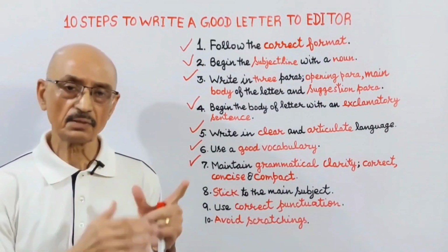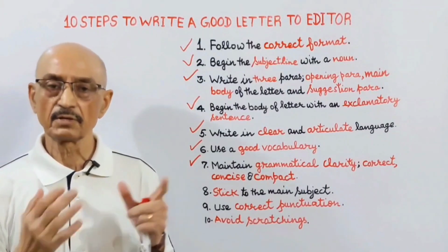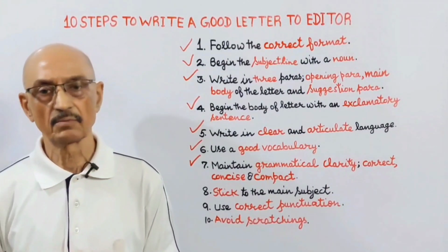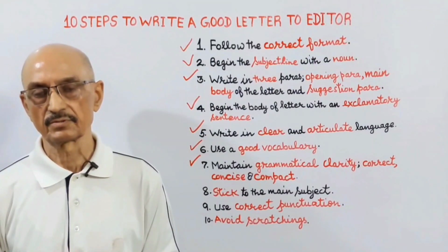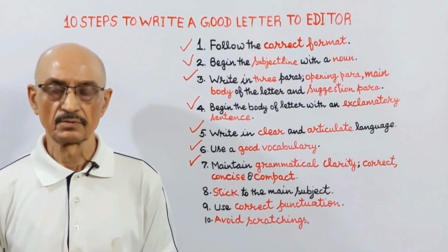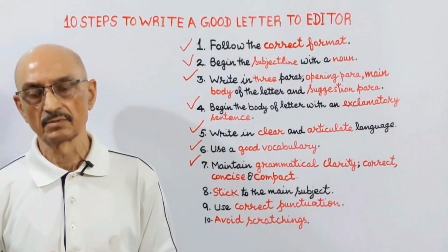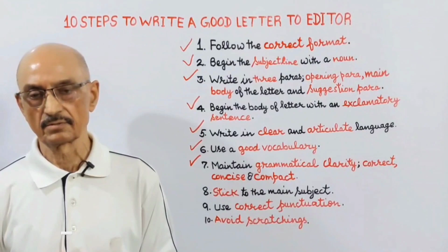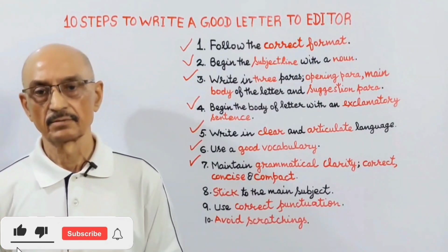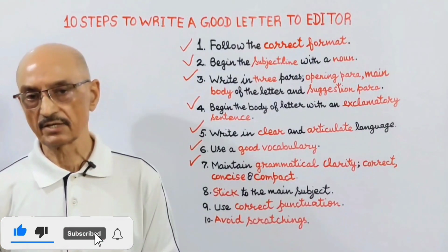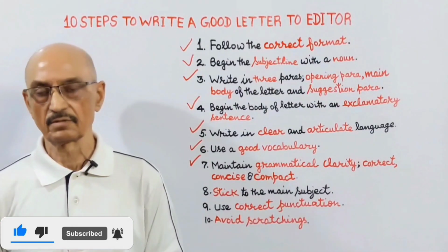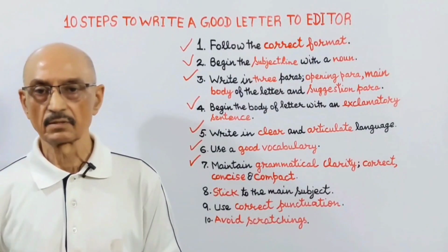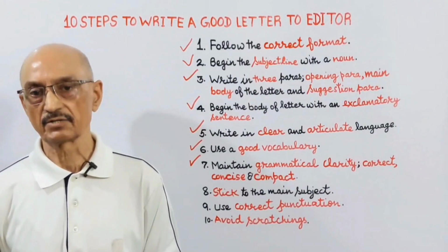If there is something to be written about the past, that will be written in past tense. Otherwise, most of the letter is written in present tense. Always remember 3 C's: correct, compact, concise. I have used the figure of speech alliteration here.